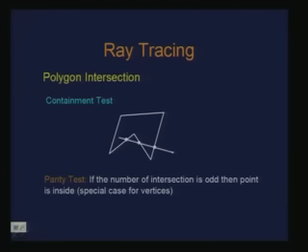What we are saying here is that if I find a point P, and I shoot a ray in some direction, then the number of intersections with the boundaries of the polygon can indicate whether the point is inside or outside. Same as this parity check.